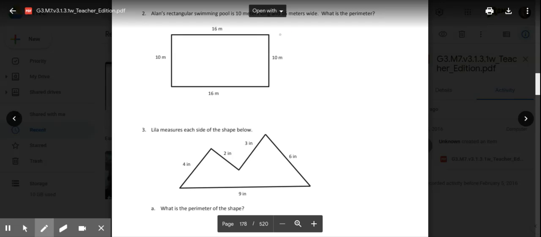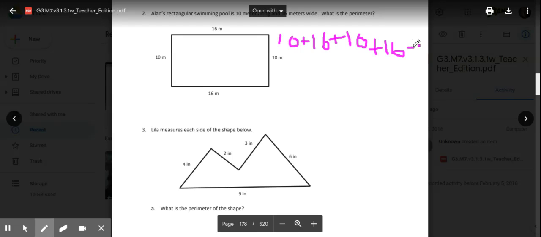I'm just going to write the digits. So we have 10 plus 16 plus 10 plus 16.